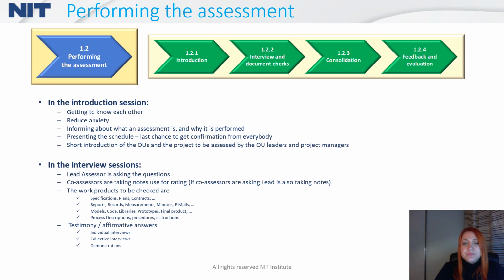In the last sub-phase of performing the assessment, feedback and evaluation, the assessment team will explain the brief results from the consolidation, and then the assessment team must explain the things that led them to such ratings.